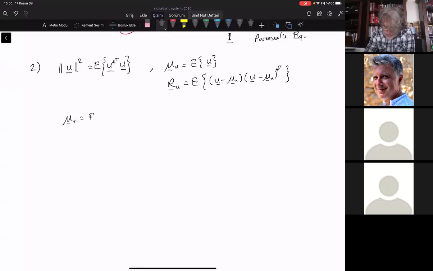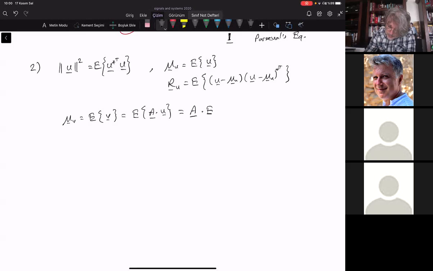That is, of course, expected value of V, and that is expected value of A times U. Now, in an expected value operator, you may remember that anything that is a scalar, which is not random, which is not the signal itself, can be taken out of the expectation operator.